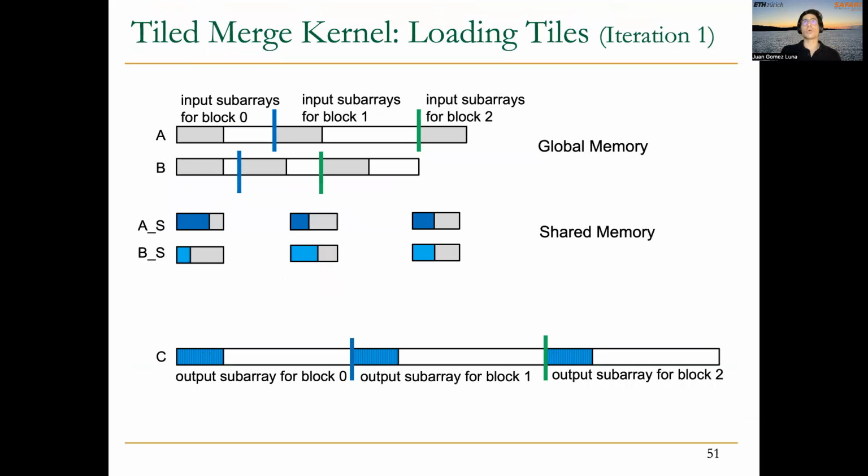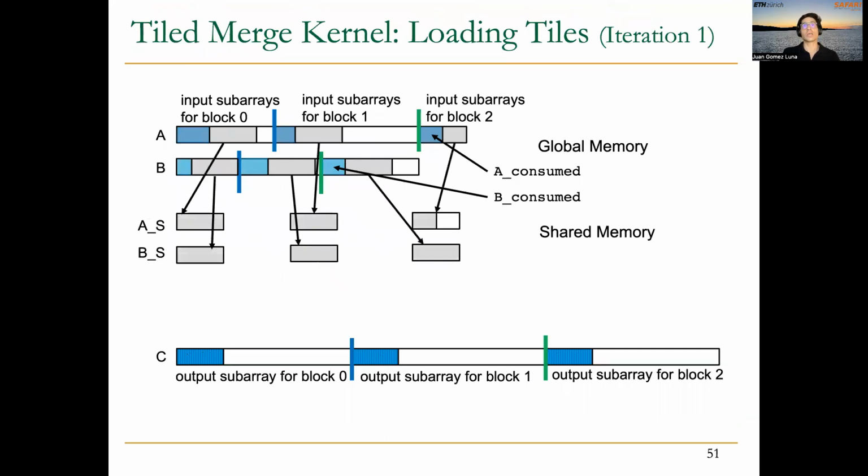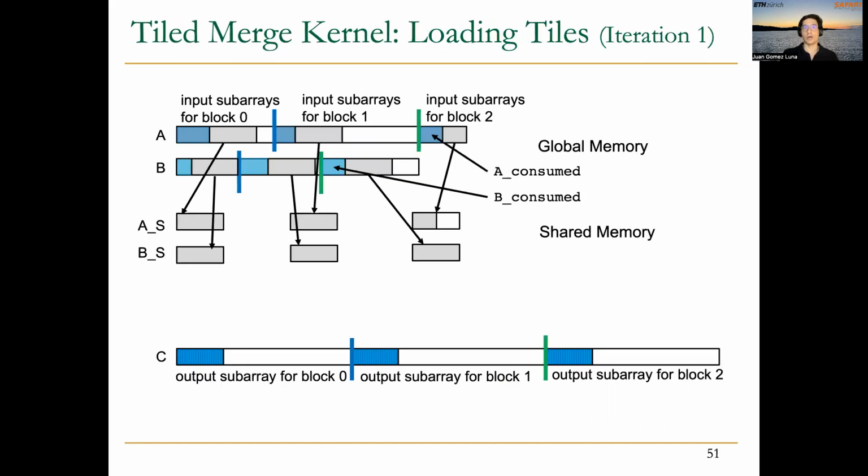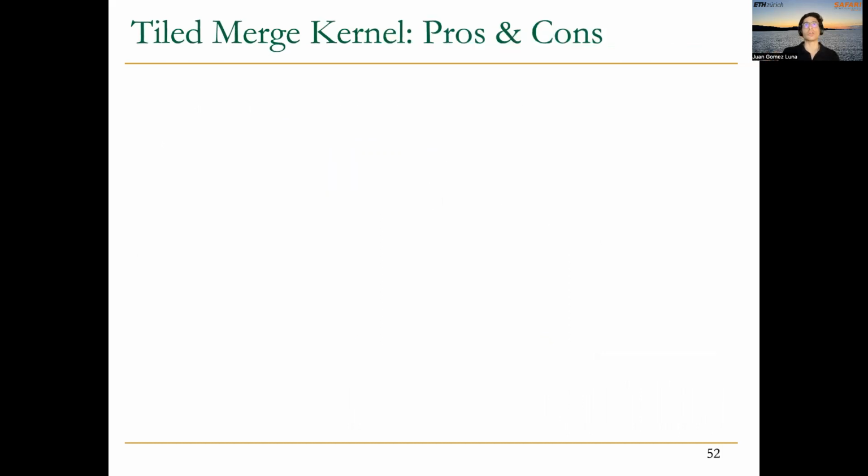So now in iteration 1, we are going to continue again loading tiles. We will have to load starting from the point that we already consumed. So these are the new entire tiles that we copy to the corresponding place in shared memory. And after that, we can continue with the merging operation.